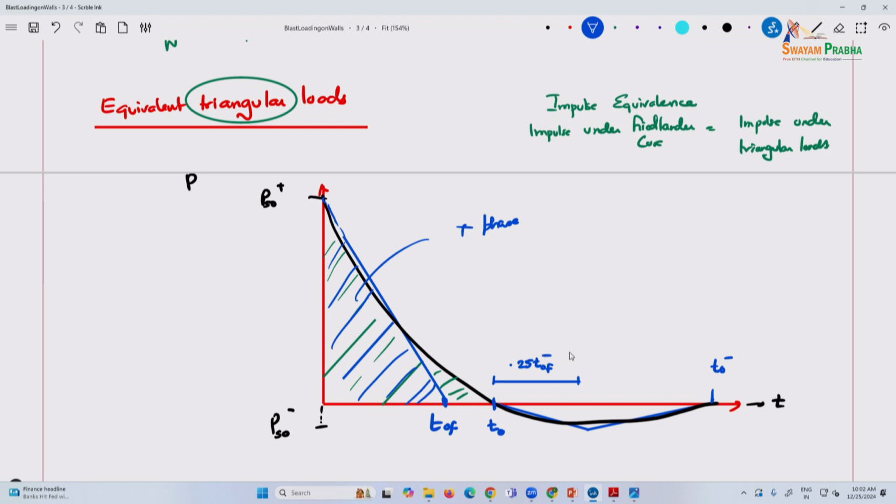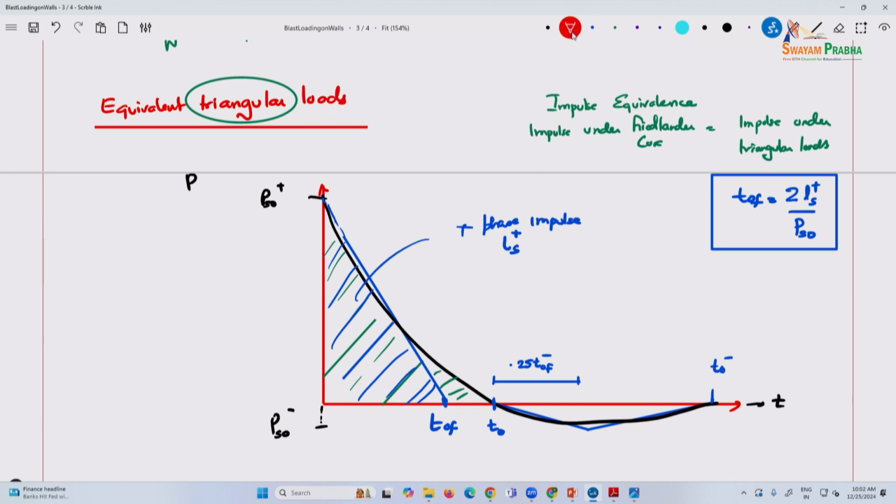So that's a quarter of it. TOF is basically, let's say the positive phase impulse is IS plus, so TOF is 2 IS plus divided by the pressure. What you see out here is the peak pressure does not change, and then the impulses are equated.